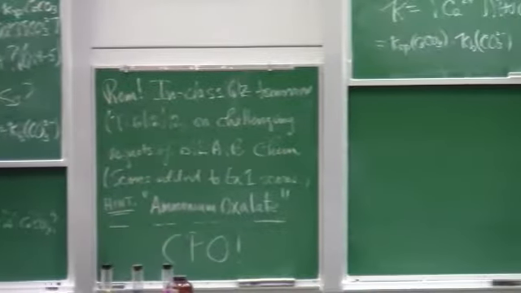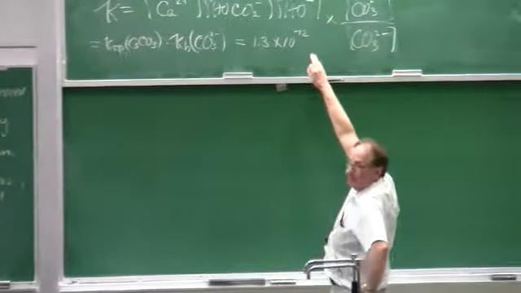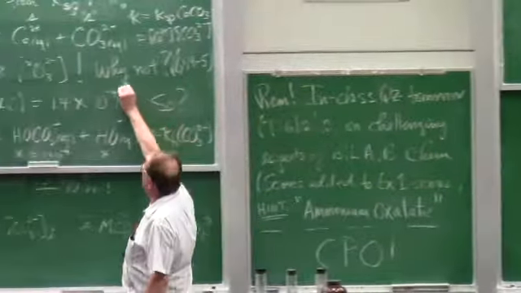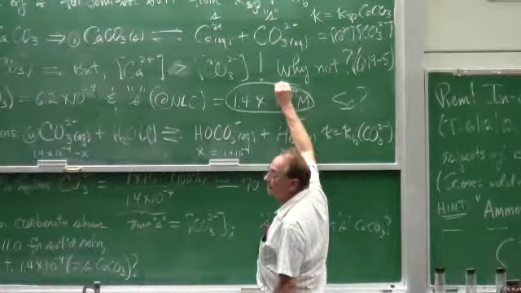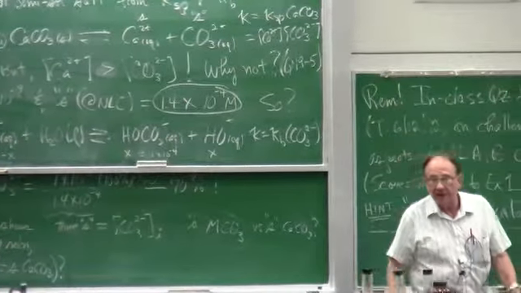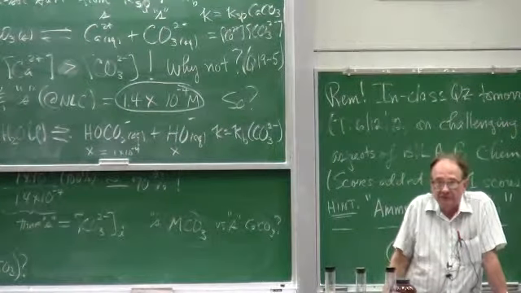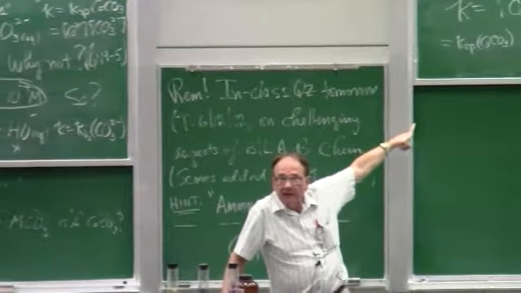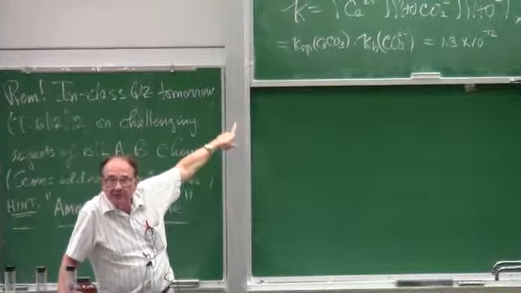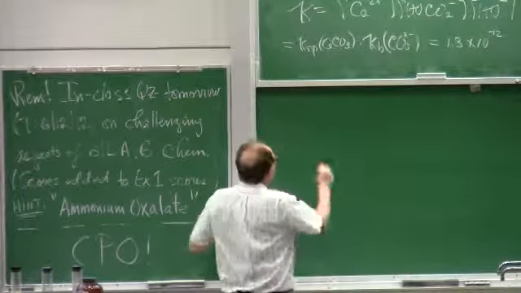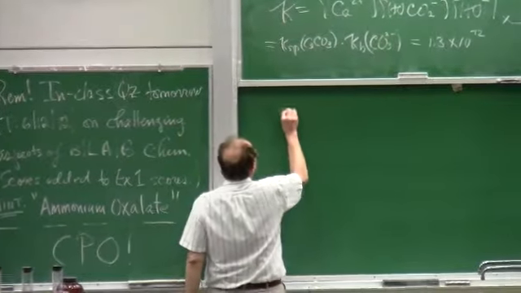Is the solubility of calcium carbonate in this solution larger or smaller than 1.4 times 10 to the minus 4, which again is the solubility of calcium carbonate in deionized water, which results in a pH of 10.0? Come on, acid-base chemists. In this solution, write it down.